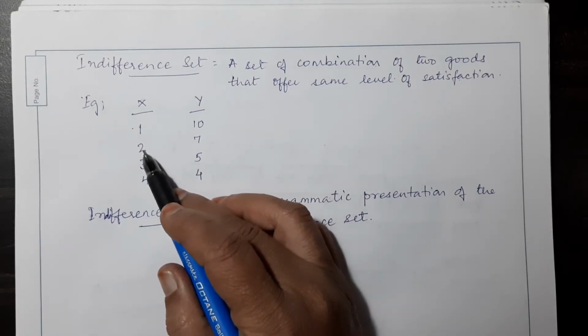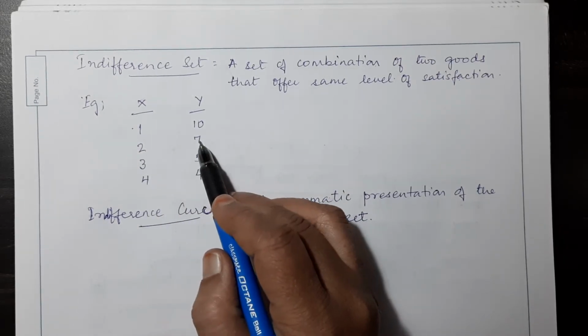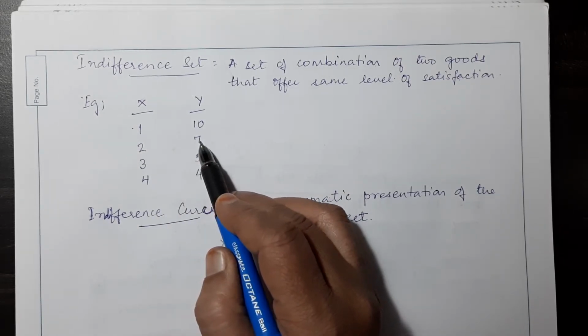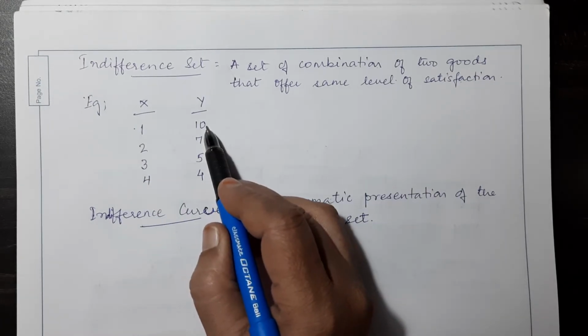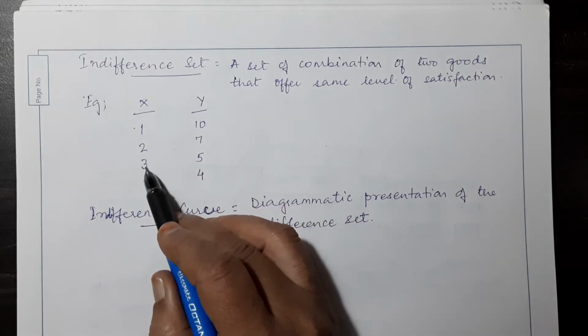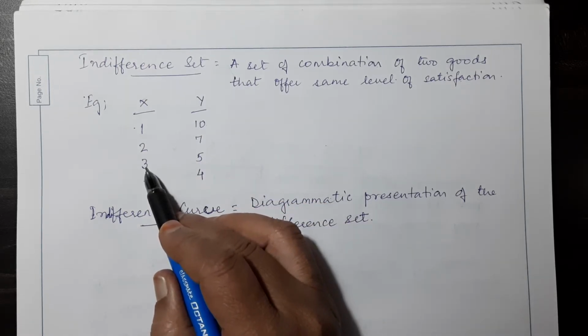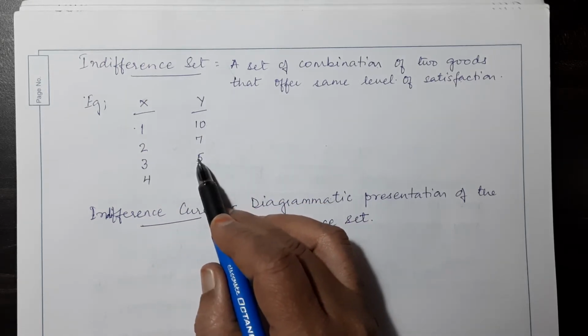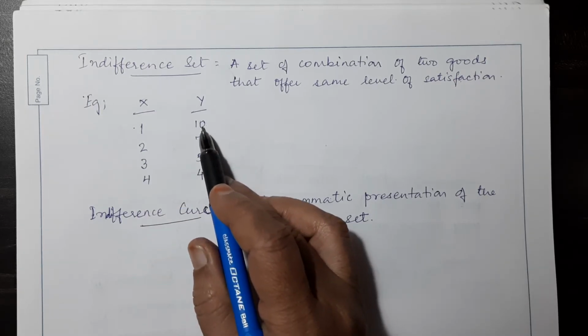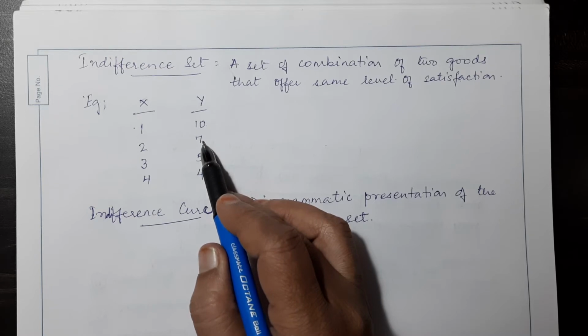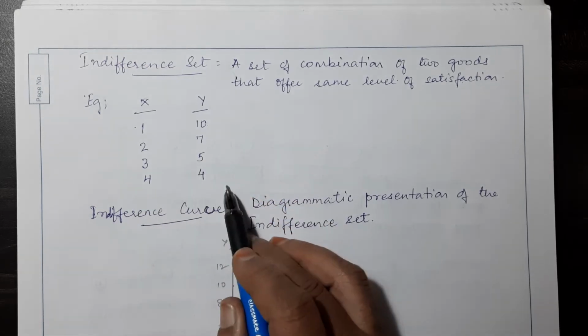Now, if he consumes 2 units of x and 7 units of y, this also gives him the same amount of satisfaction as the first combination. If he changes his combination to 3 units of x and 5 units of y, this would also give him the same level of satisfaction as the first or the second. Same is the condition with the fourth combination.